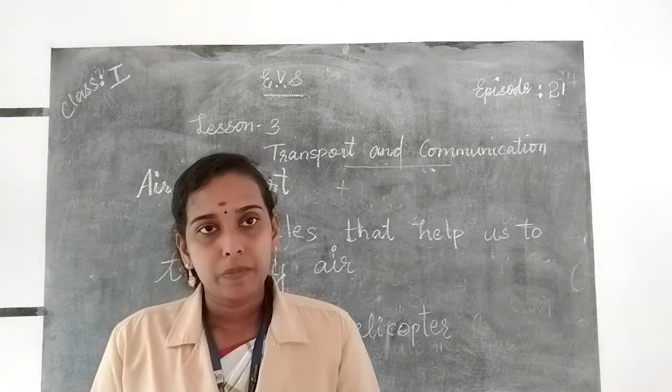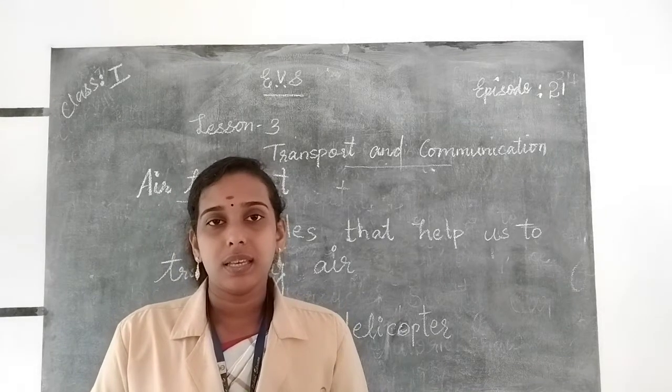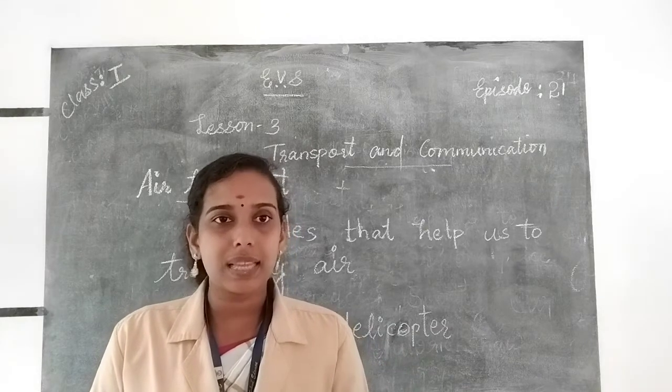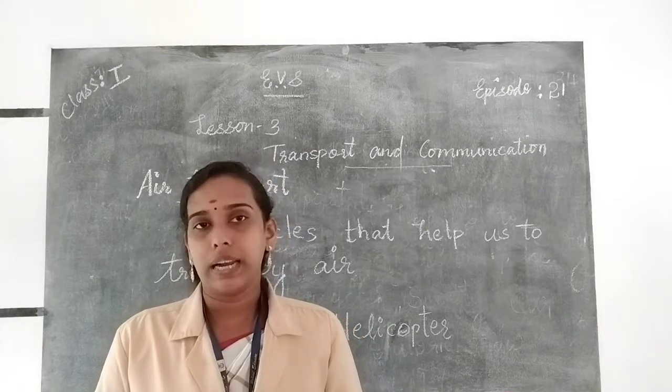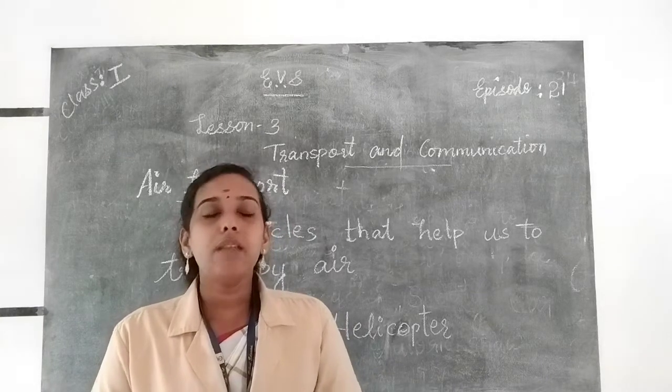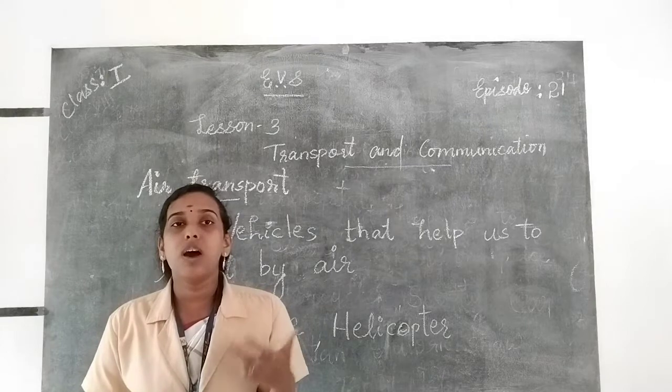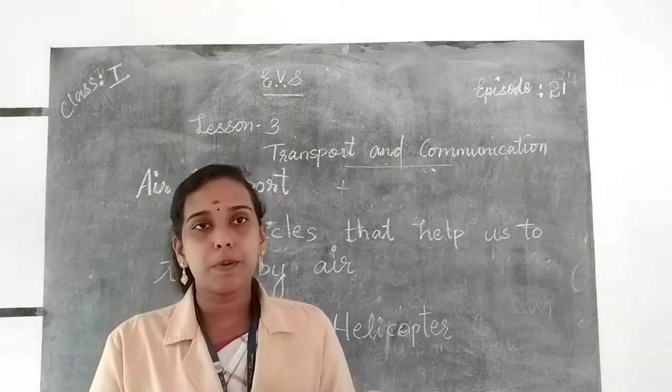Then, what do you mean by rails? The trains and metro trains run on special tracks, and the special tracks are called rails. Then water transport. The vehicles that help us to travel on water are called water transport.